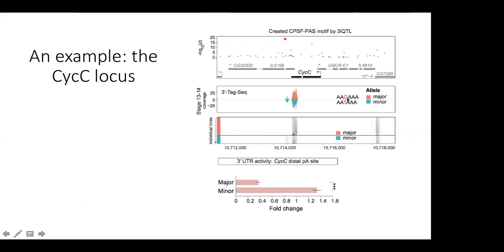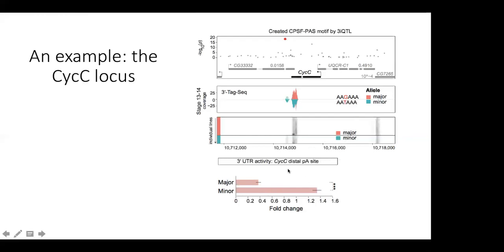This is because there is a SNP that creates an AATAA site, that is a canonical PAS polyadenylation site recognized by the polyadenylation factors.